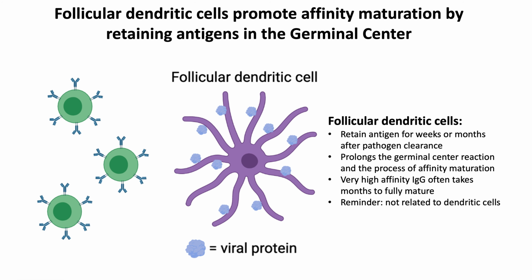But the important thing to note is that it can retain these antigens even long after the pathogen has been cleared. And so it allows for this process of affinity maturation, somatic hypermutation followed by selection of high affinity variants, to occur for weeks to months after the pathogen is gone. And very high affinity IgG often takes months to fully mature.